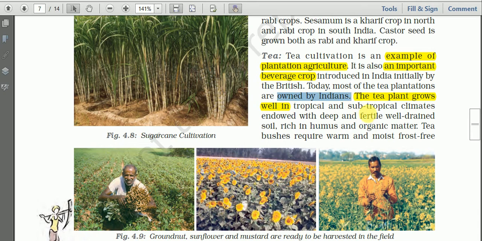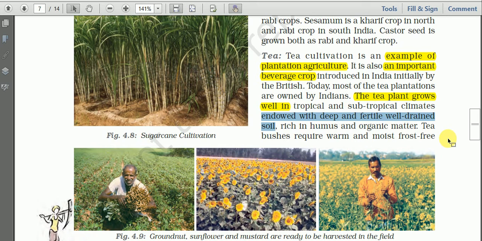About the geographical requirements for tea cultivation, the tea plant grows well in tropical and subtropical climates. About the soil, it requires deep, thick, fertile, well-drained soil, meaning there should not be waterlogging.